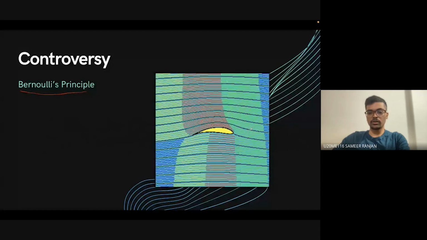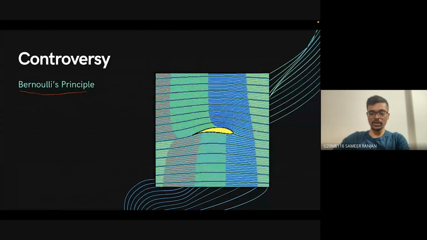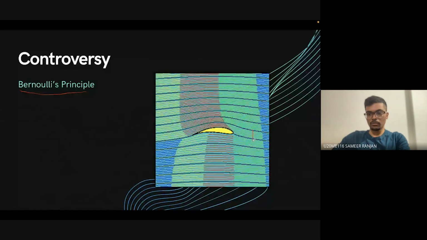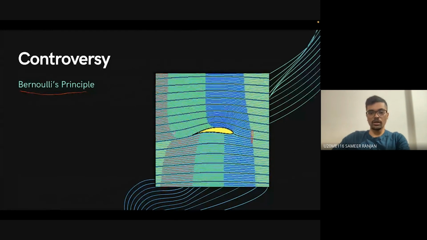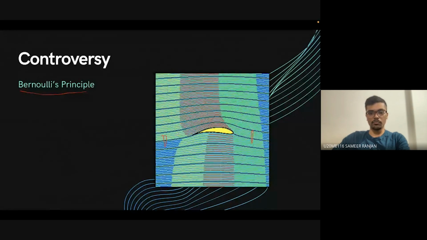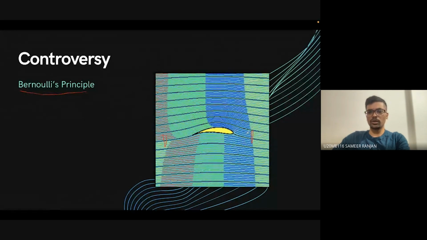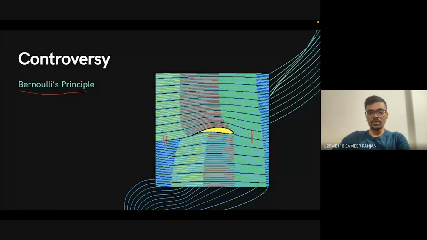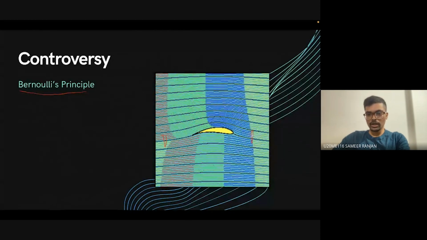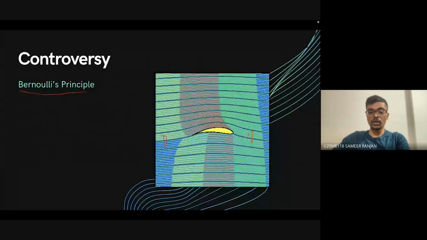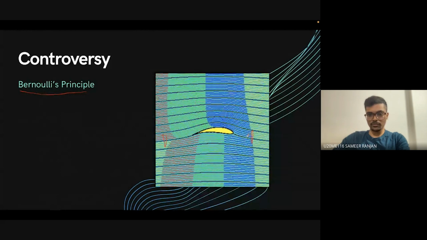That's because it was stated that the air particles here and the air particles here will travel in equal time, and we call it the equal transit theory. But it was a flaw, because after further research we found out that the particles here and here do not travel in equal times, as you can see in this GIF.